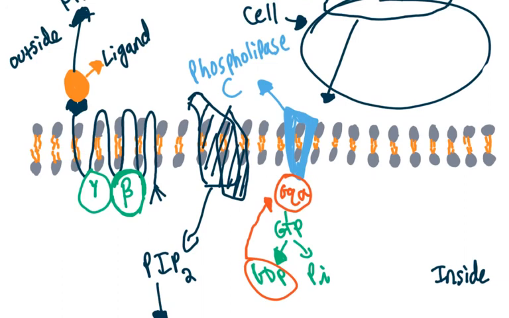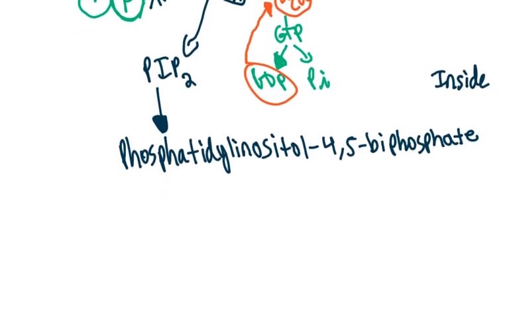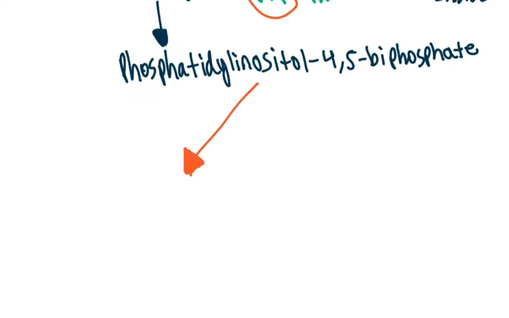So when our GQ alpha protein binds to this phospholipase C, it will actually cleave phosphatidylinositol 4,5-bisphosphate into two really important molecules. What are those two molecules? One is going to be called IP3, and one is going to be called DAG.